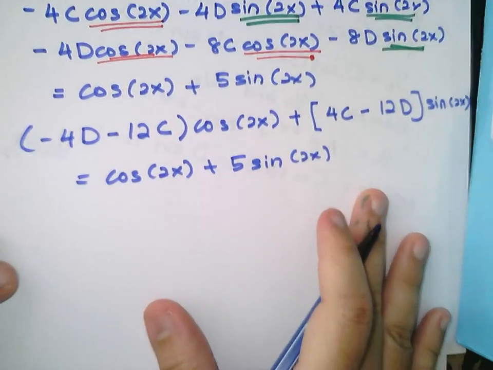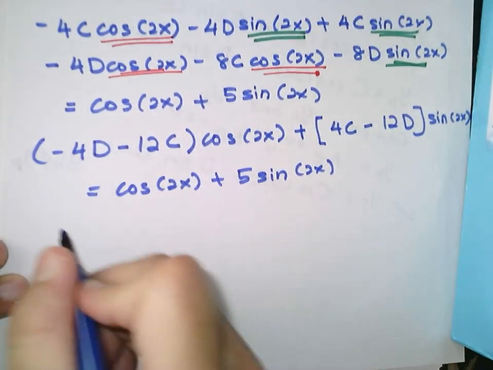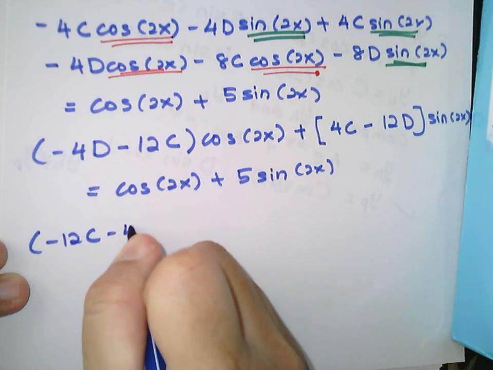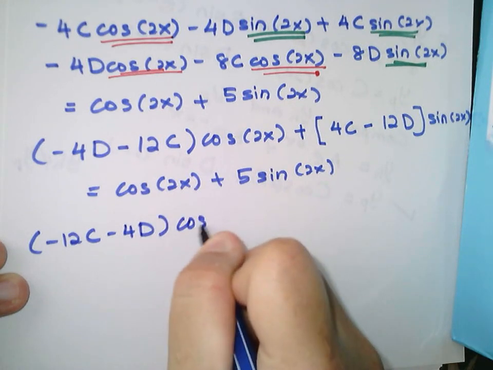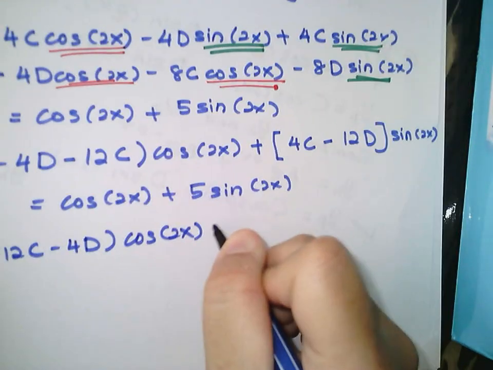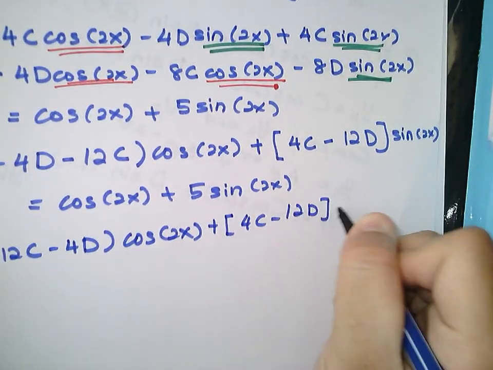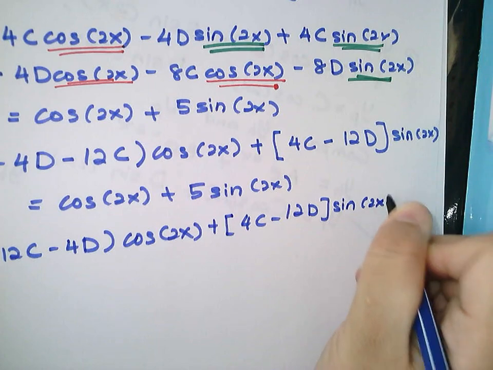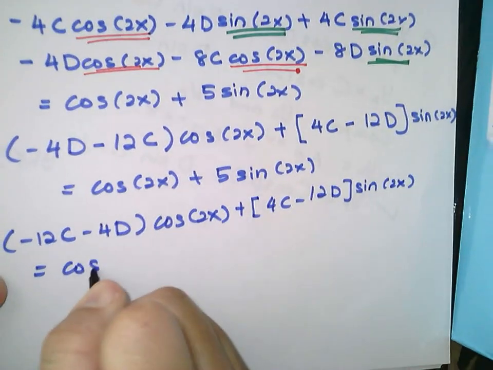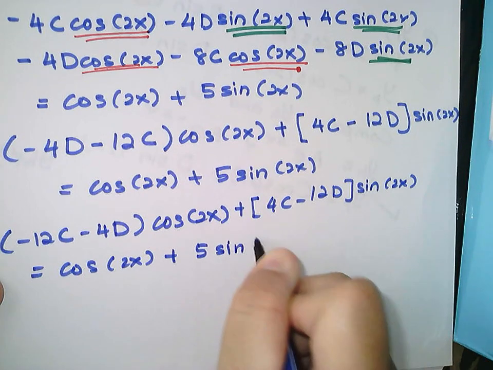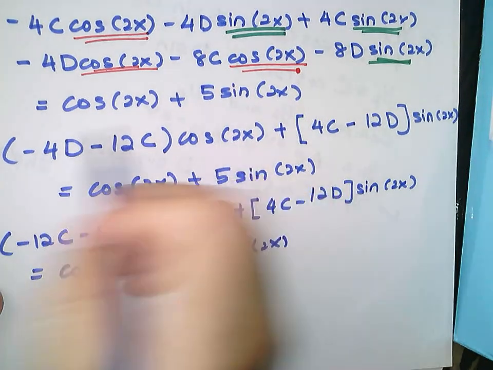The first one here, I rewrite it as negative 12c minus 4d cos 2x plus 4c minus 12d sin 2x, which is equals to cos 2x plus 5 sin 2x. So we are using this one, not this one.